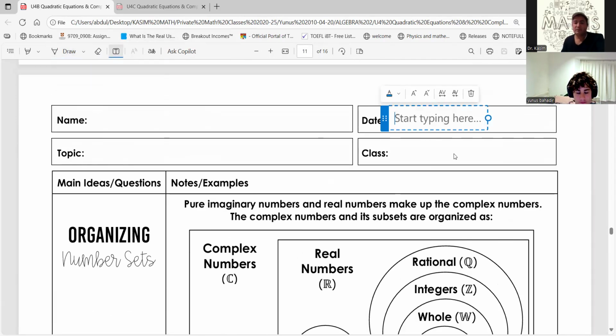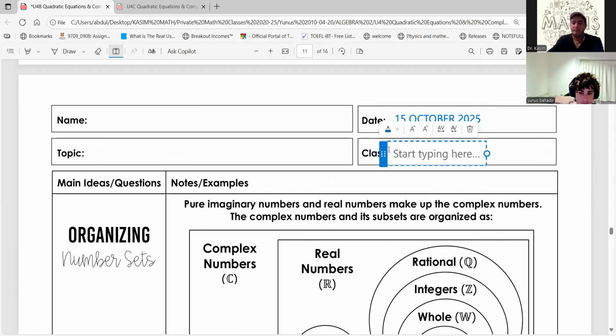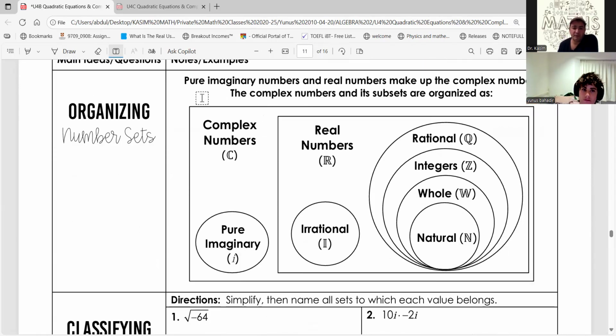Now let's do some revision about the classification of numbers, and after that we'll continue with other stuff. Yunus, read the top, starting with pure imaginary numbers.